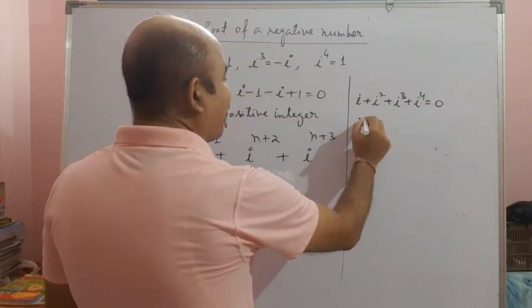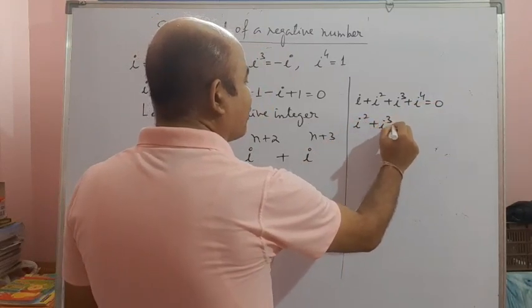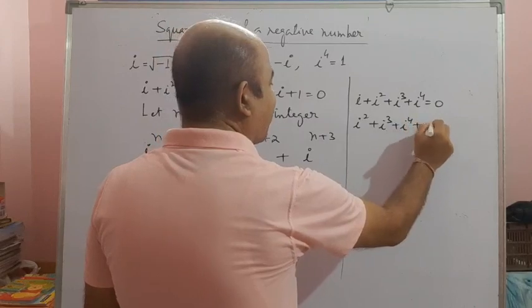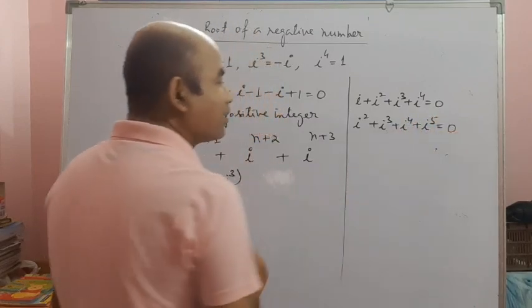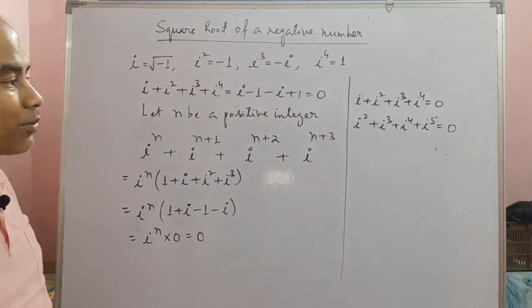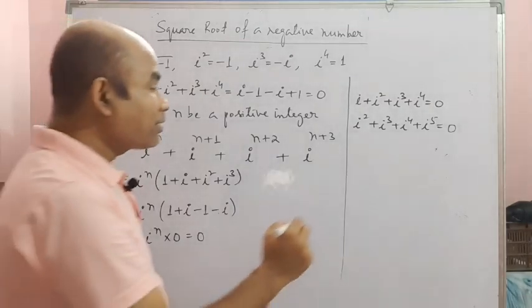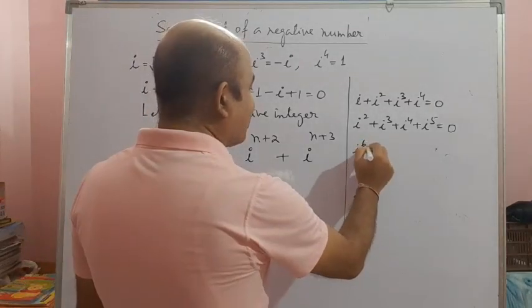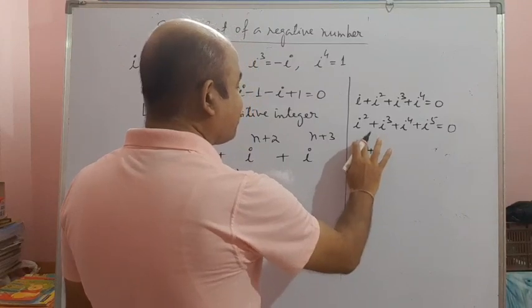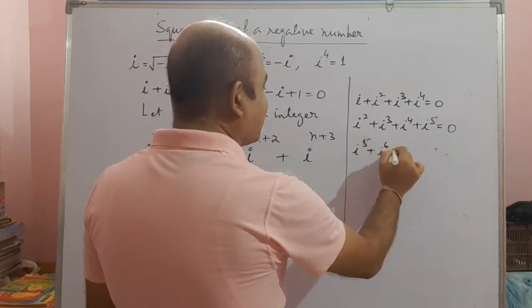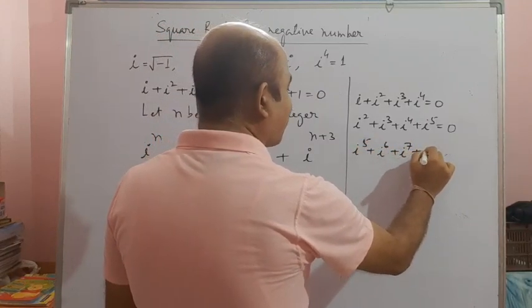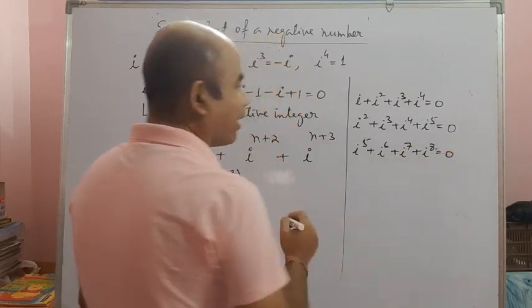Then suppose I have to add i to the power 2, i to the power 3, i to the power 4, i to the power 5, then also my answer is 0, because 2, 3, 4, 5 are consecutive positive integers. Or suppose i to the power 5, i to the power 6, i to the power 7, i to the power 8, it is 0, like that.